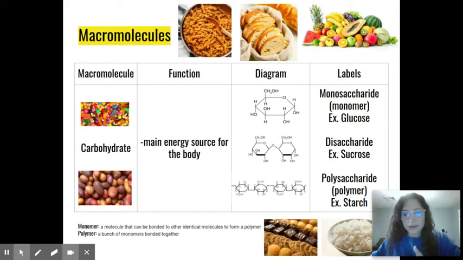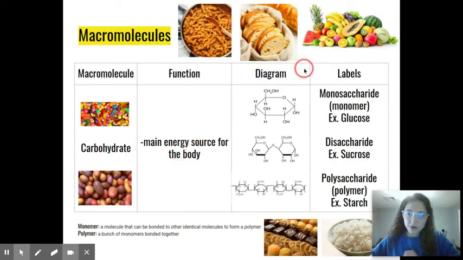This is like sugarcane type of sugar. Keep in mind, sugar and carbohydrate are sort of interchangeable. If you see the word sugar, you should be thinking carbohydrate. If you see carbohydrate, you should be thinking sugar. Both are an energy source for the body.